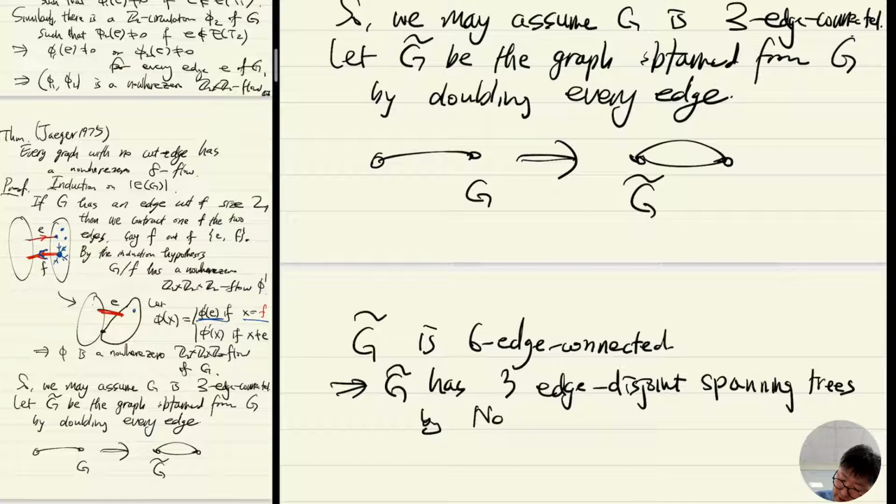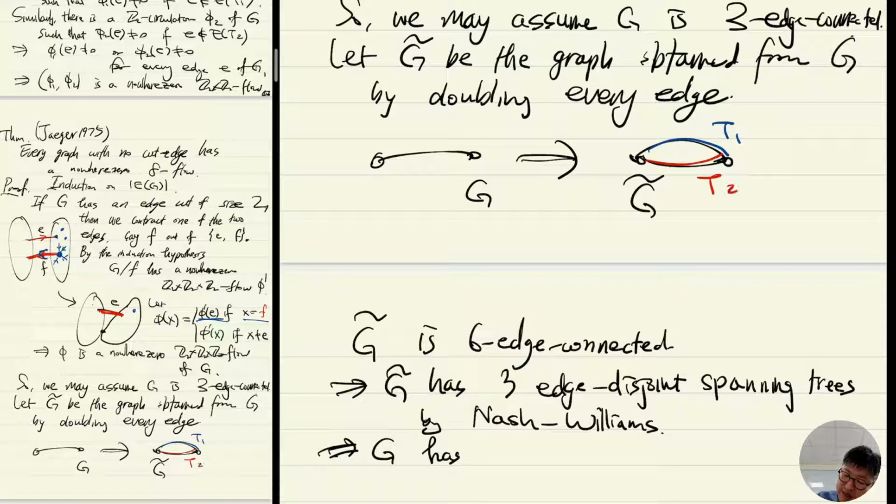By Nash-Williams, if you put k to be 3, then if you have a 6-edge connected graph, then you must have 3 edge-disjoint spanning trees. Now let's go back to our original graph. If T1 uses this one, and if T2 uses that one, then in G, I will have T1, T2 both using the same copies.